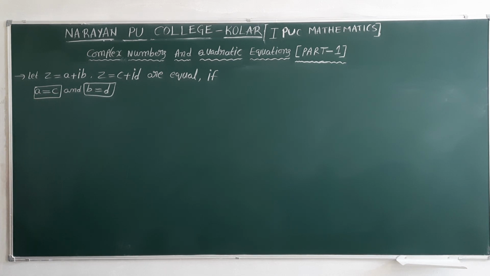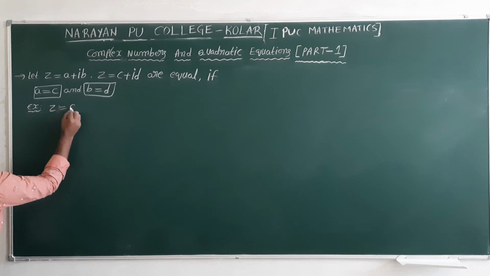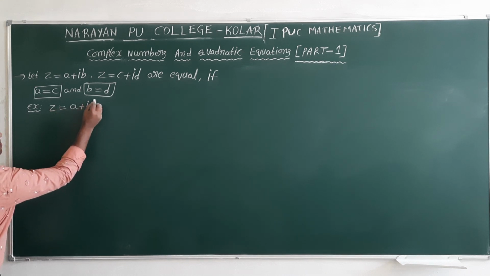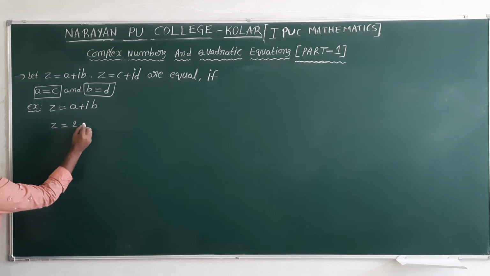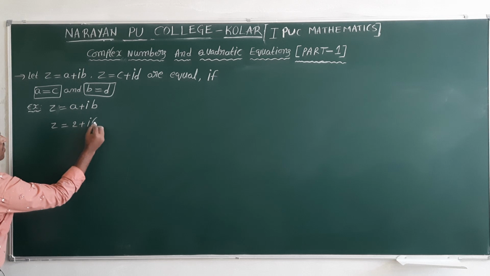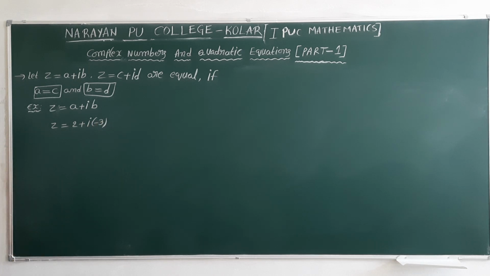For example, one complex number z equal to a plus ib, another complex number z equal to 2 plus i into minus 3. If two complex numbers are equal, then what is the value of a and b? So when we can say two complex numbers are equal, real parts are equal, imaginary parts are equal.